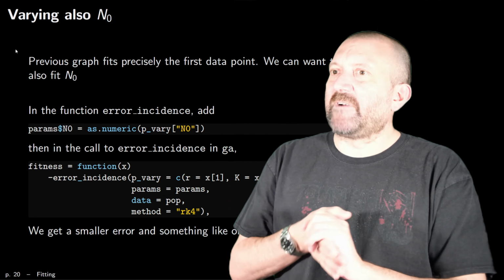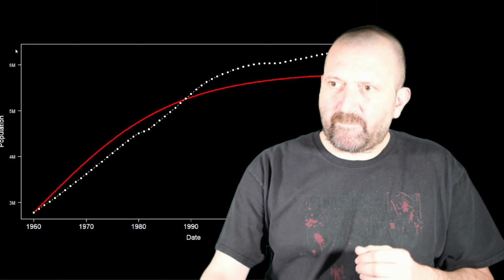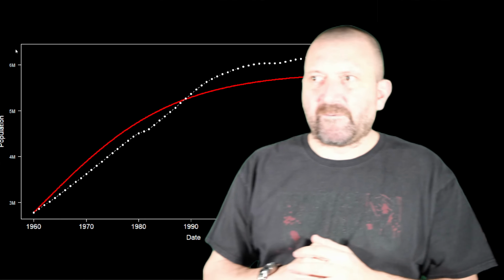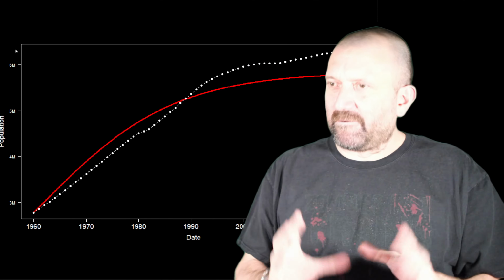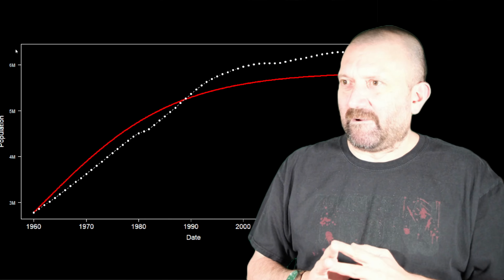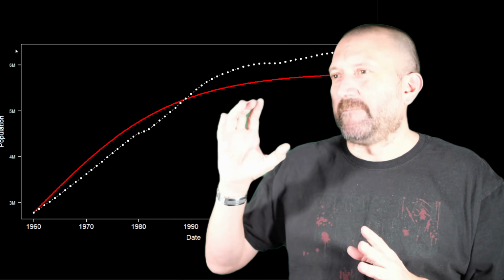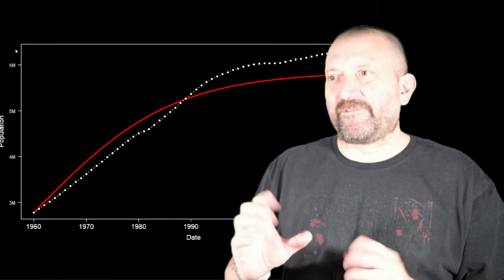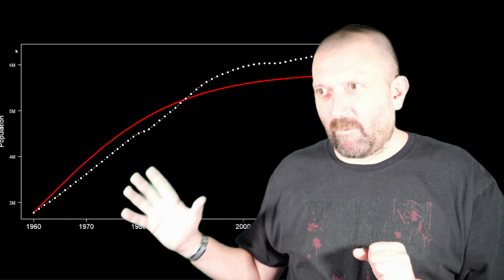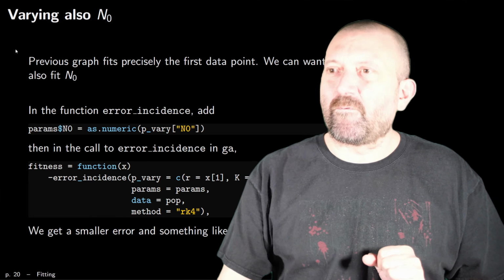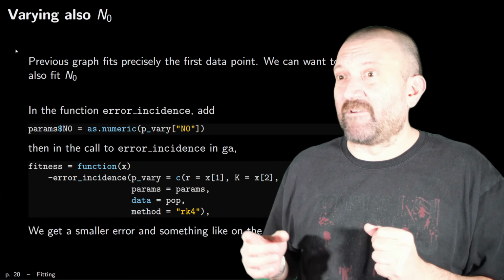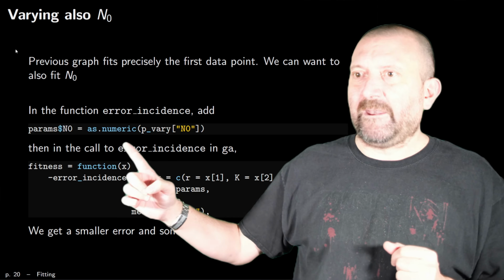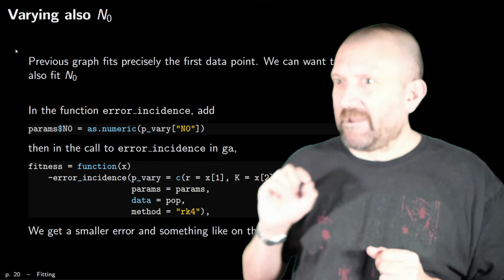Now, one thing that might be interesting here: I pointed out that I started out with n of 0, the first time point, to be the value of the data at the first time point, the one in the population. But I might want to actually let this vary as well. So I could add this line to my error function.